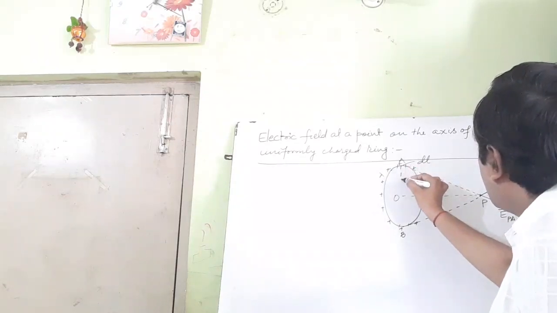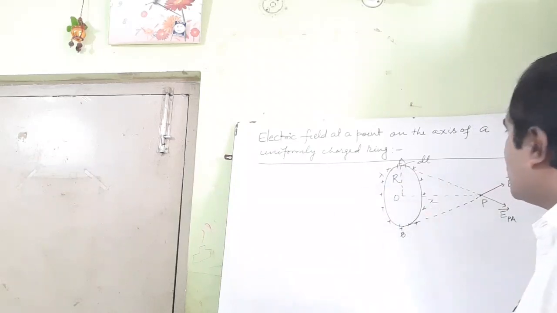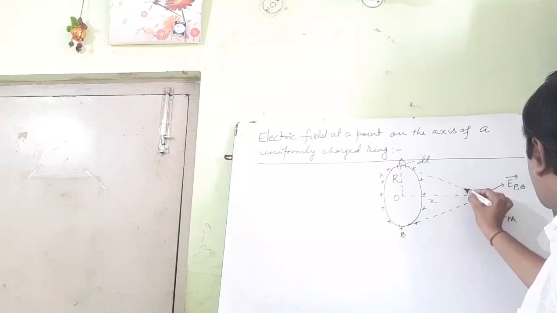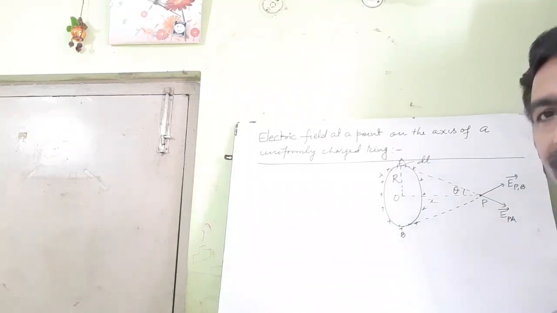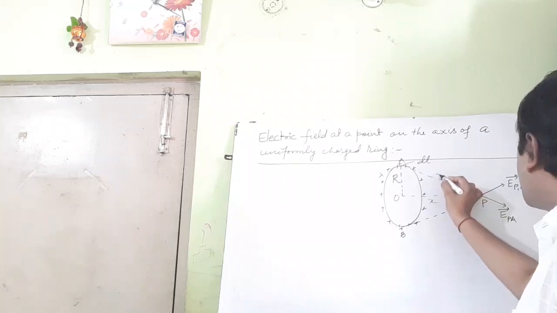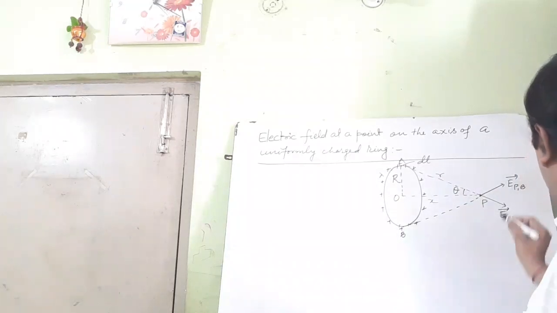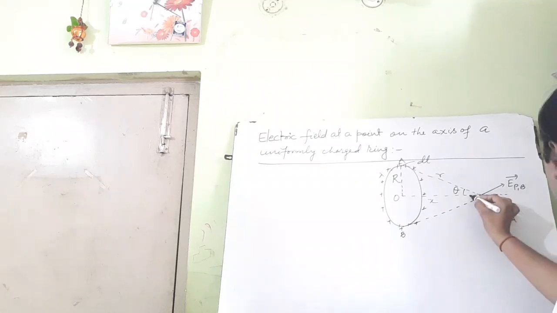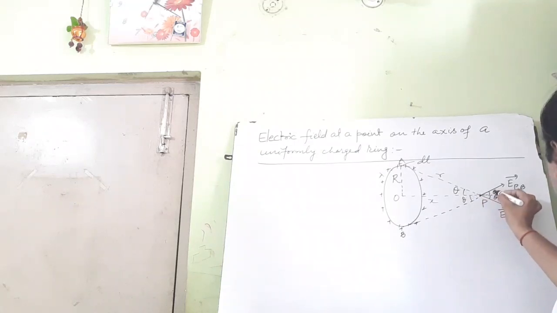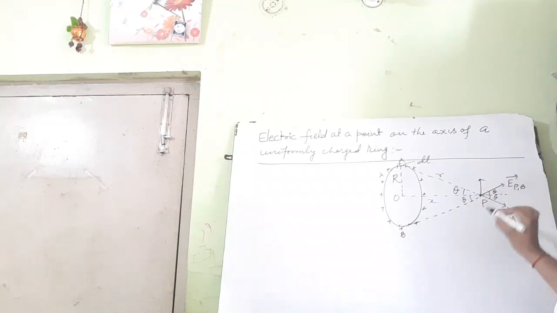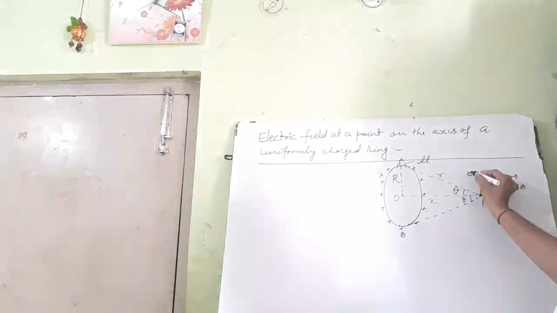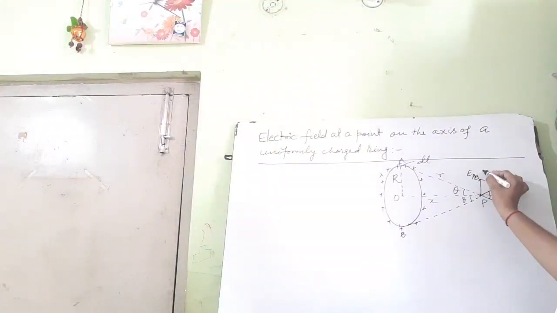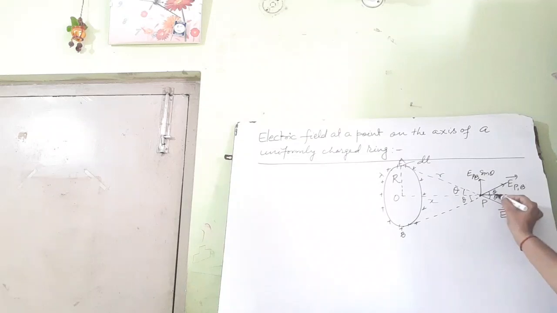This is the radius of the circular ring, R, and this angle is theta. This distance AP is R. If we extend this axis, this angle will be theta. This angle is also theta, and this will be the component of EPB, EPB sin theta, and this is the component of EPB, EPB cos theta.